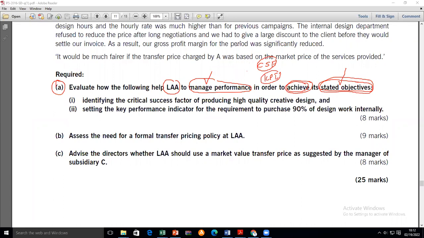What are the following? Identifying the critical success factor. Yes, we have agreed that we need a critical success factor in place to achieve the objective. So what critical success factor do you have? High quality creative design.